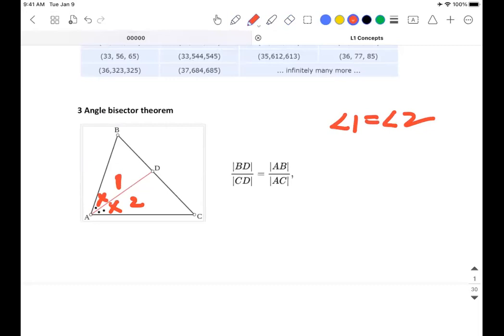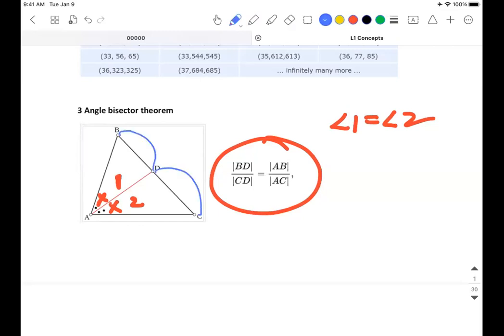Most of the time, as long as you see the angle bisector, they're going to test you on the angle bisector theorem. So the relationship between the sides is way more important than the relationship between the angles. If we take this as an example, as long as AD is an angle bisector, then automatically BD over DC equals AB over AC.